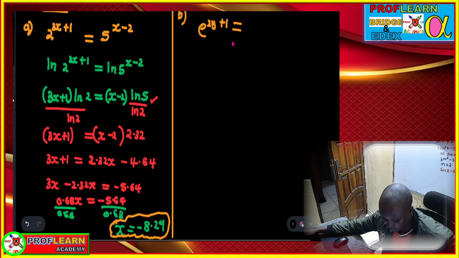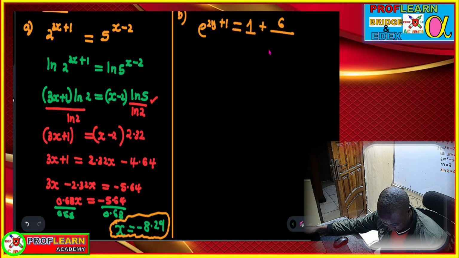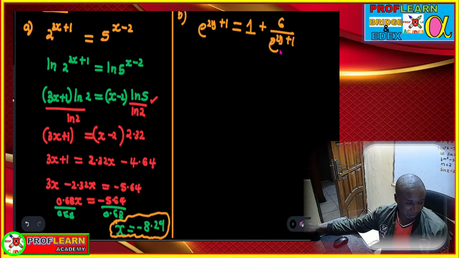So if it is a question to do with exponents, this is exactly the steps you are going to follow in order to work out your questions. And this is going to be plus 6 over e to the 2y, and then we shall say plus 1 in this case here.